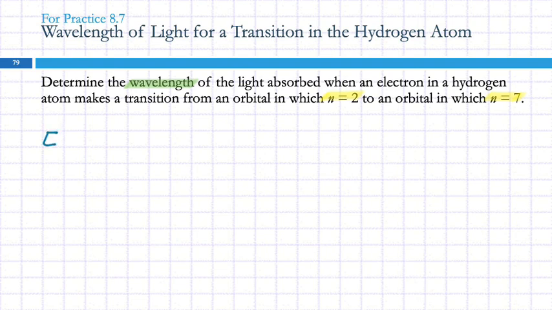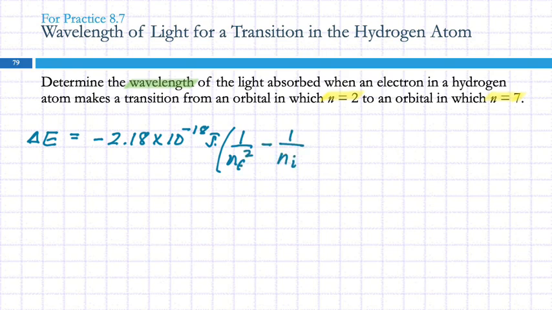Well, we had this equation that the change in energy was equal to negative 2.18 times 10 to the minus 18 joules, times 1 over the final n squared minus 1 over the initial n squared. And we know that the energy of the photon is equal to hc over lambda, which rearranges to lambda is equal to hc over E.